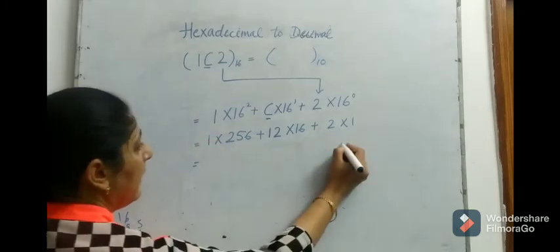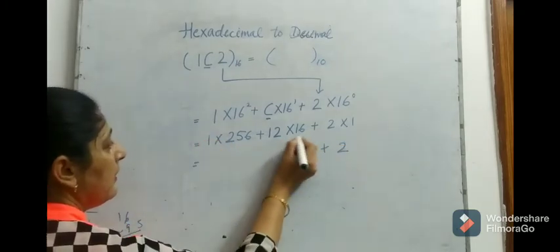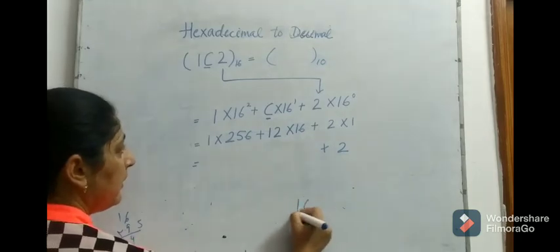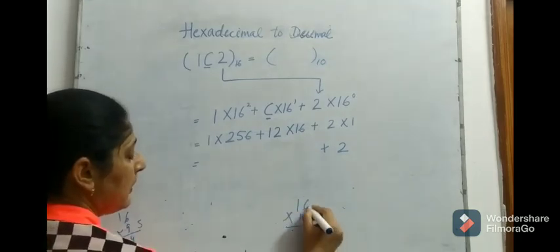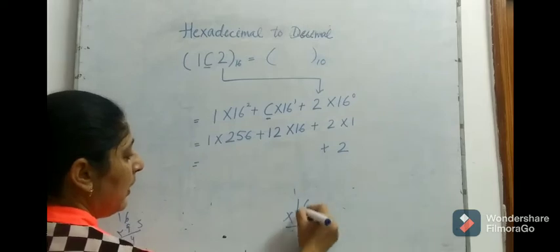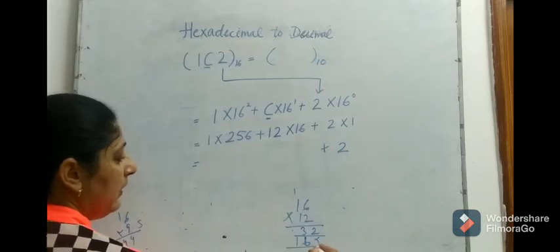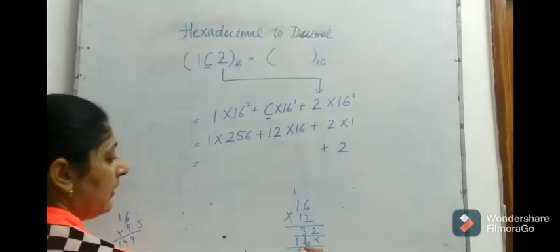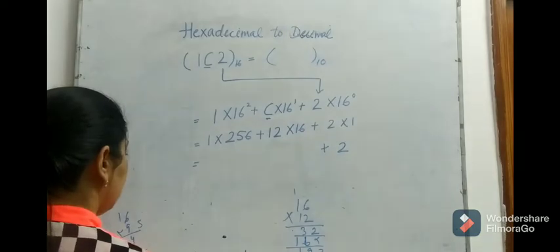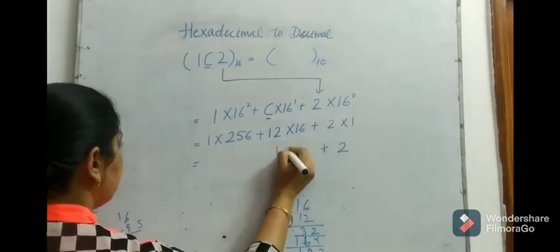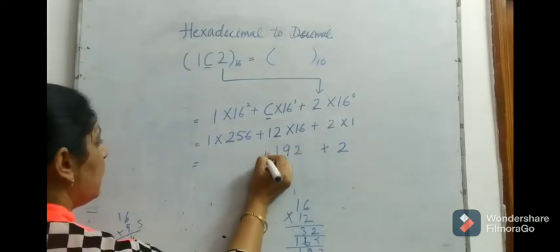So let's multiply. It's 2. Now 16 is multiplied by 12. 2 times 6 are 12, 2 times 1 are 2 and 3. It's 192, plus 256.